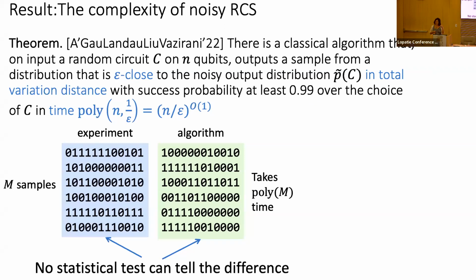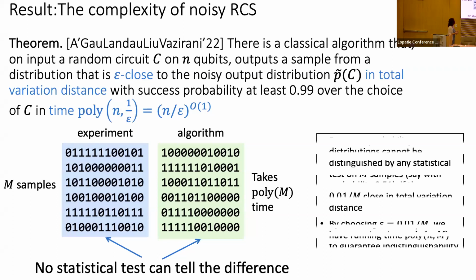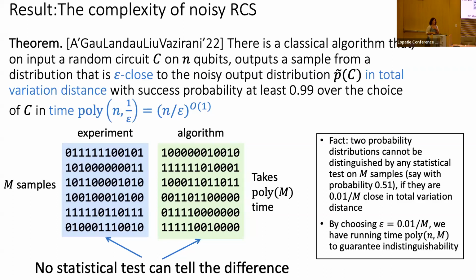If each of the samples is drawn from a distribution which is 1 over m close to the right distribution, m samples just do not have enough information to distinguish between the two situations with good enough confidence. So basically we'll choose epsilon to be 1% of 1 over m, and then we're done. With a choice of epsilon to be 1 over m, our algorithm will be polynomial in n and in the number of samples.